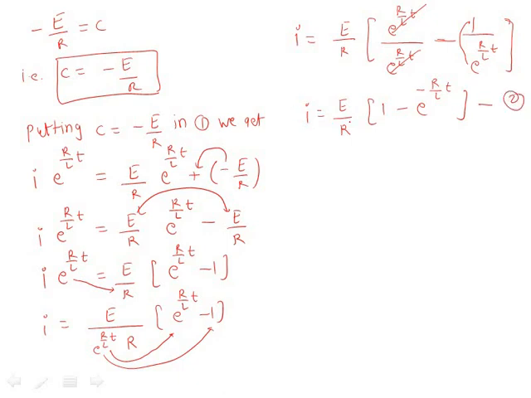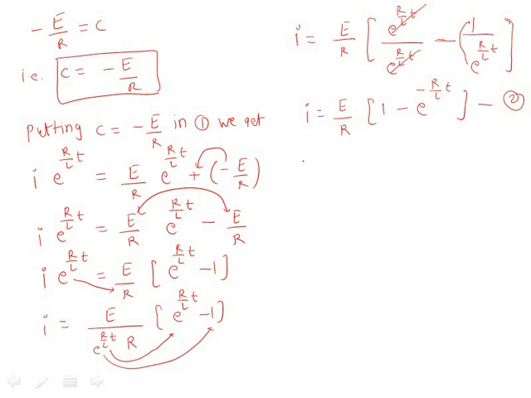So now we have found the value of current I after putting the value of constant C. After this step we have to put all the given values of E, R and L and also the value of T in equation 2 to get the final answer.